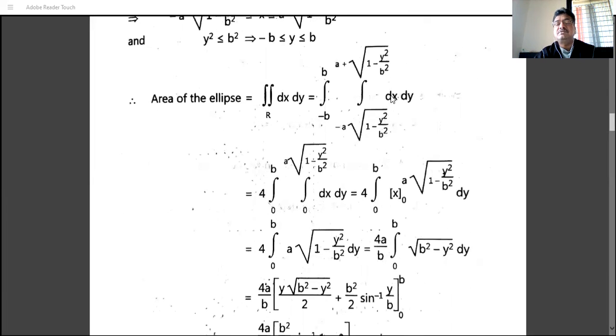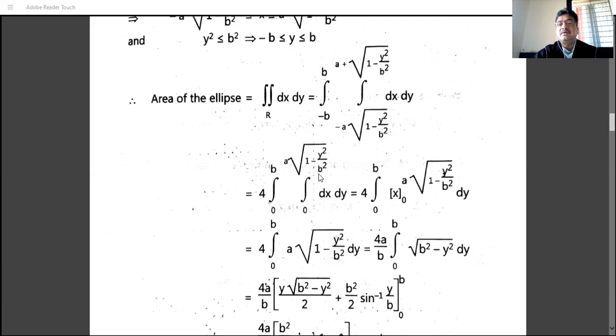The integration of 1 dx is x, and we know that minus a to a is 2 times 0 to a, by the rule of integration. Similarly, minus b to b is 2 times 0 to b, and minus this factor to plus this factor is 2 times 0 to this factor. So 2 and 2 becomes 4.